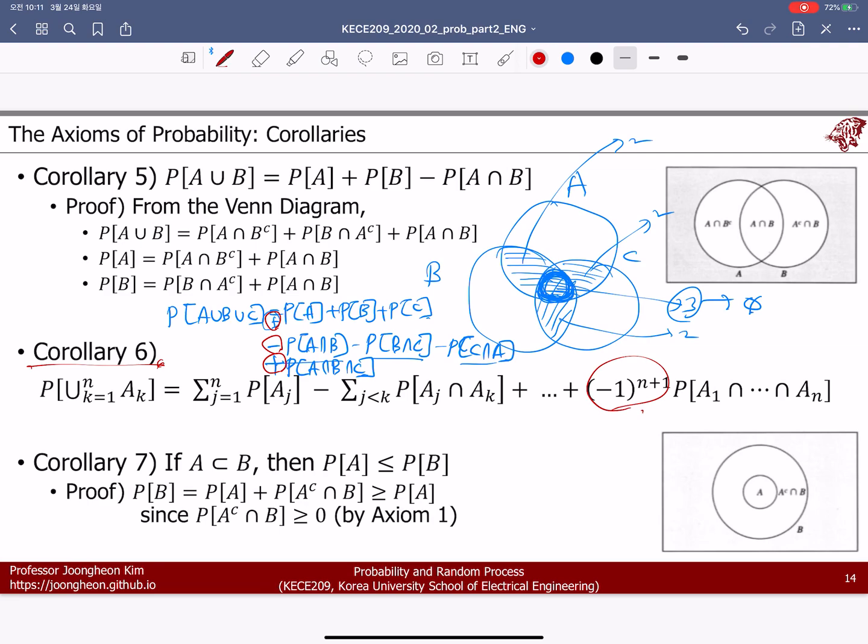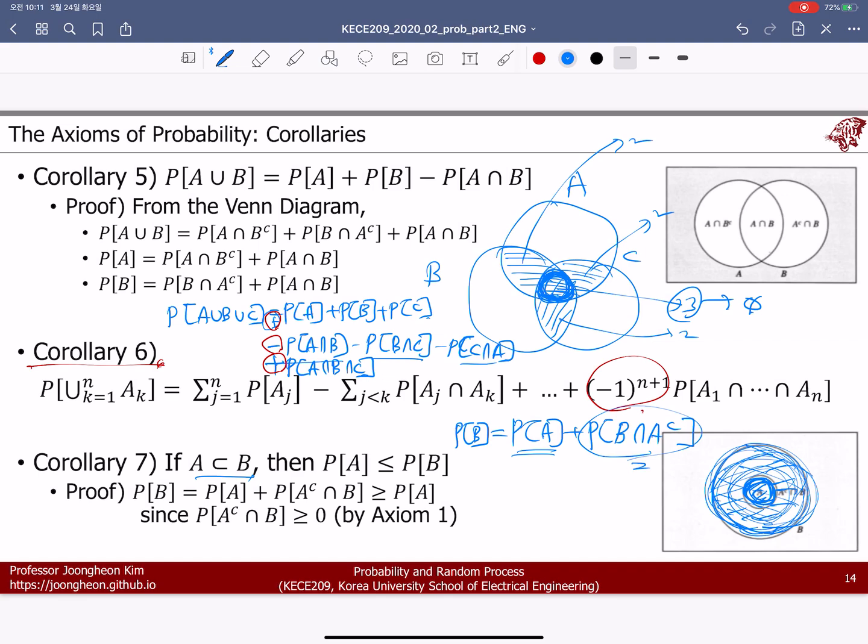Corollary 6 can also be proved by mathematical induction if you want, but you can just remember this result. Next, the other case is that A is a subset of B. Then the probability of A is less than or equal to the probability of B. In this case, P of B can be defined as P of A plus P of B intersection A complement. Since this is larger than or equal to 0, P of B equals P of A plus something larger than or equal to 0.